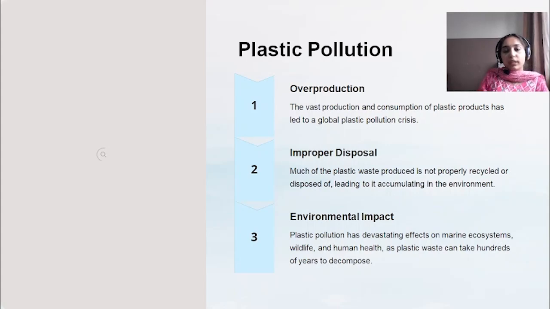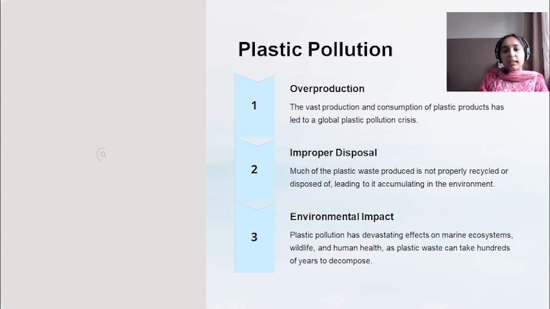Next, improper disposal. Much of the plastic waste produced is not properly recycled or disposed of, leading to it accumulating in the environment. Once we use some plastic, it should be recycled.